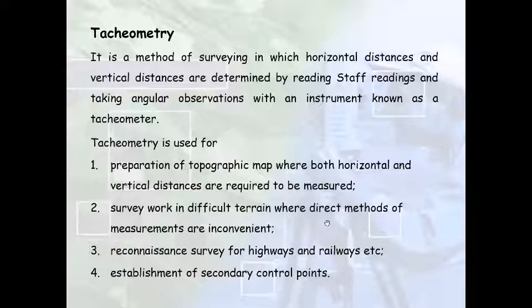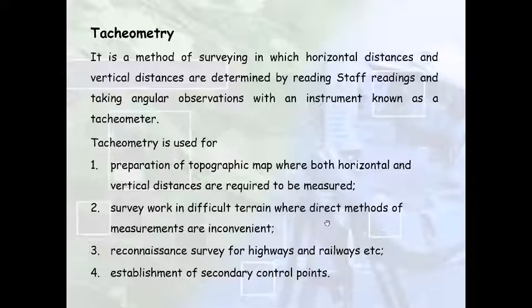So we are going to study a new method which is called tacheometry, and which is a very essential topic because this method helps you to determine horizontal and vertical distances using a theodolite. So using the same instrument, which is used for measuring horizontal and vertical angles, it can, in addition, also give you horizontal distances and vertical distances.